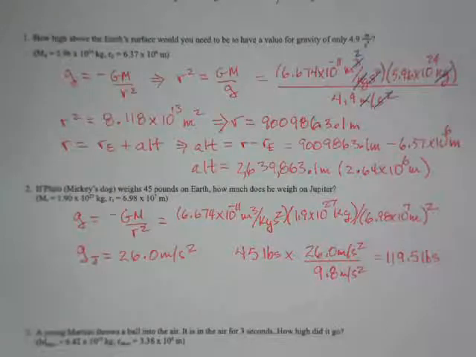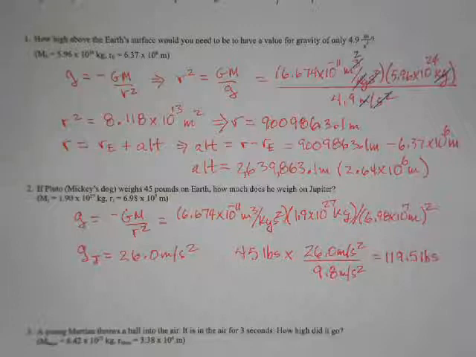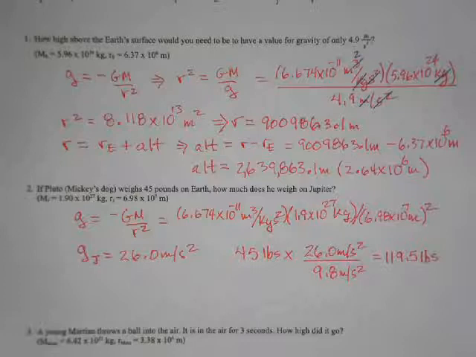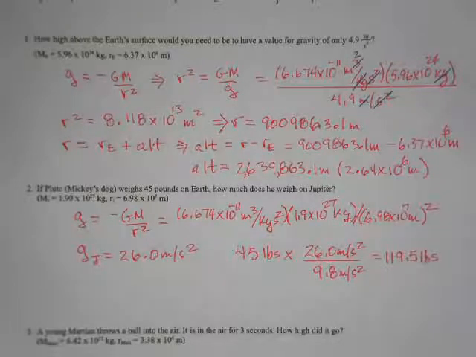And so the same size, the same volume, the same mass of an object is a lot bigger on Jupiter because gravity is almost 3 times. And so the weight becomes almost 3 times, 119.5 pounds for Pluto, Vicky's dog.